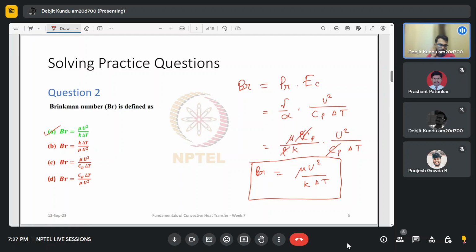Okay. Any questions regarding this one? So this Brinkman number Br is the ratio of the heat produced due to viscous dissipation and the heat transferred due to temperature differences through convection.